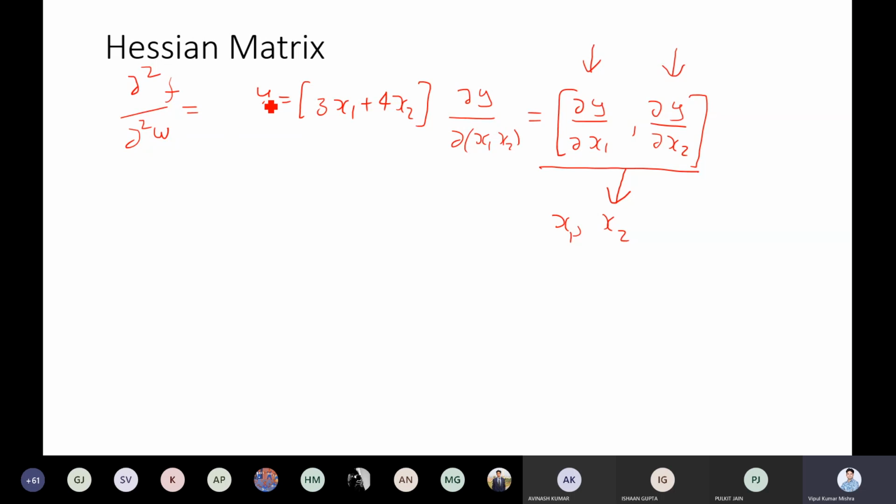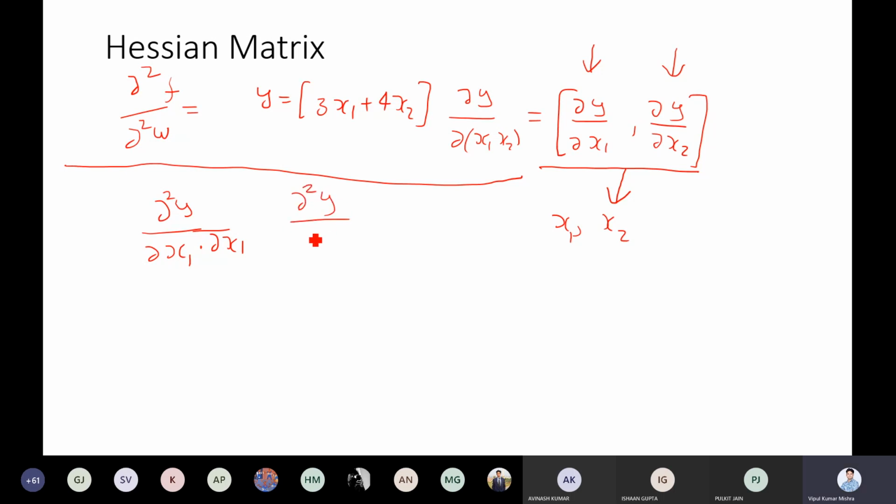As we have seen in the previous example, if you have two functions and you want to take the derivative, what will you do? You will take del y with respect to del x1, that is already there, and then del y with respect to del x2.